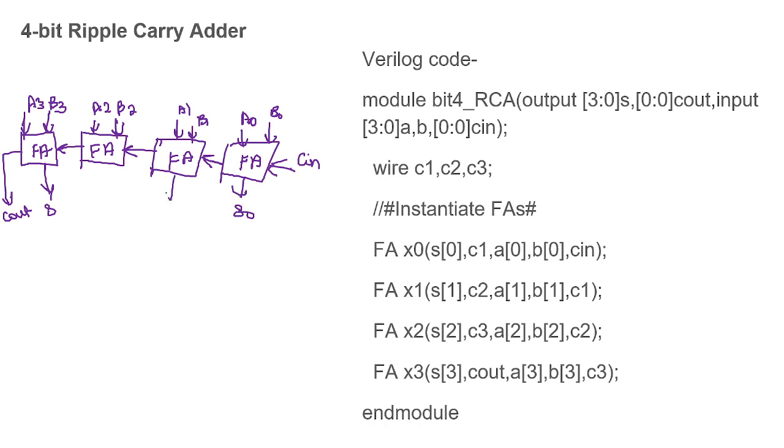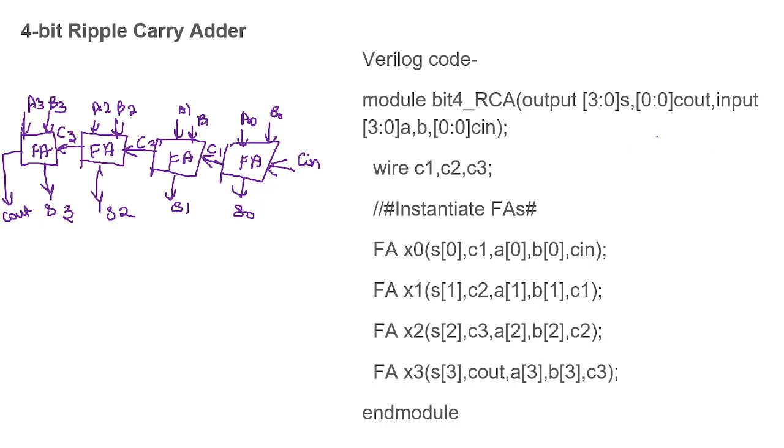The sums are S0, S1, S2, and S3. Now I need to define the internal carries as wires, so I will name them C1, C2, and C3. For this, how many wires are required? 3 wires.